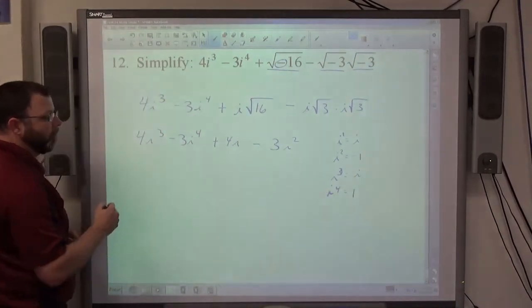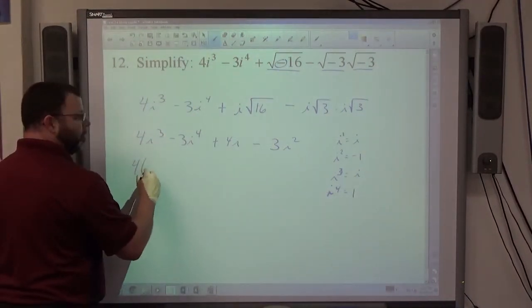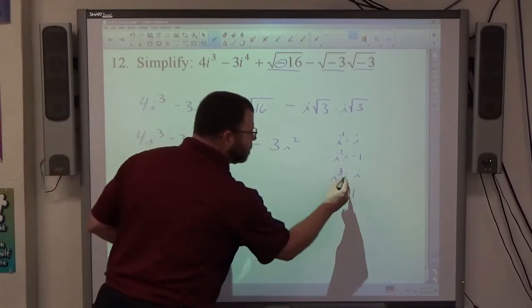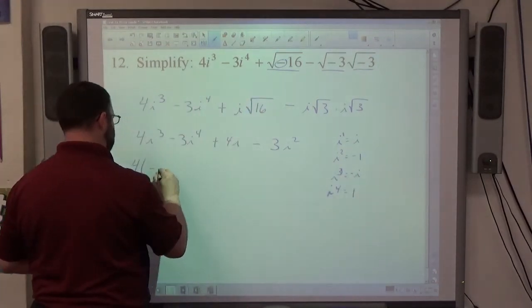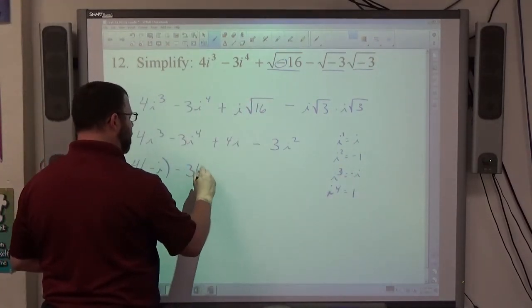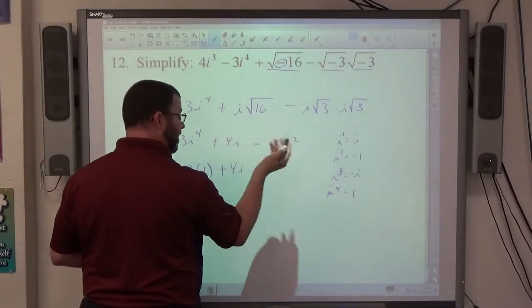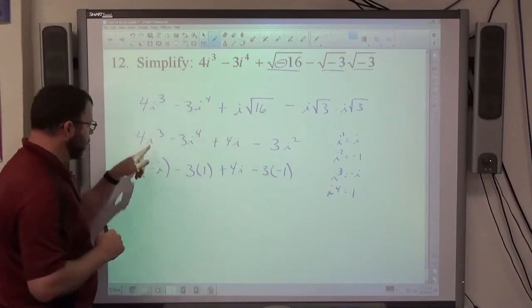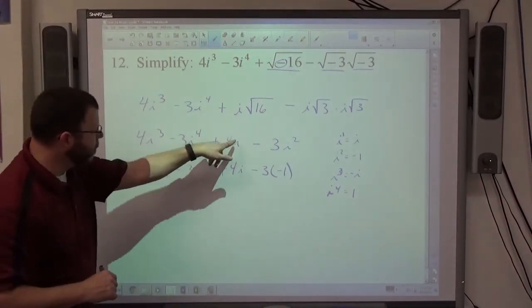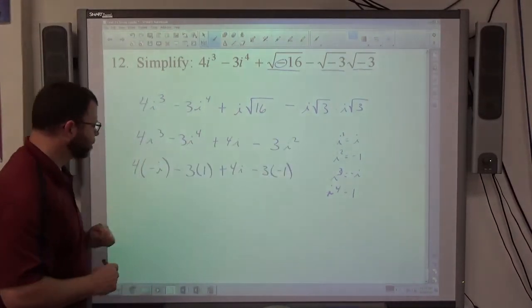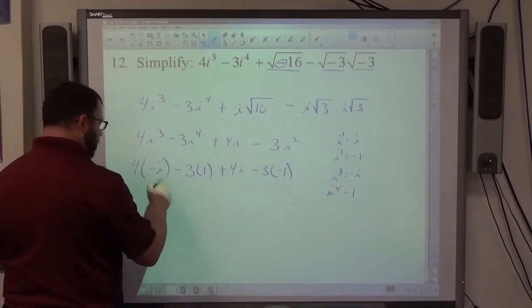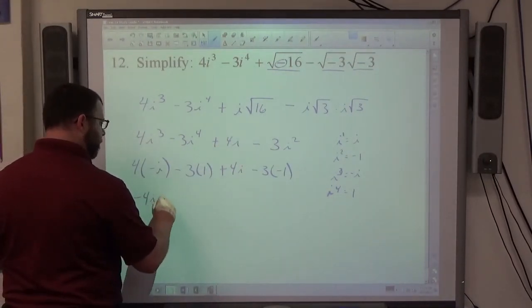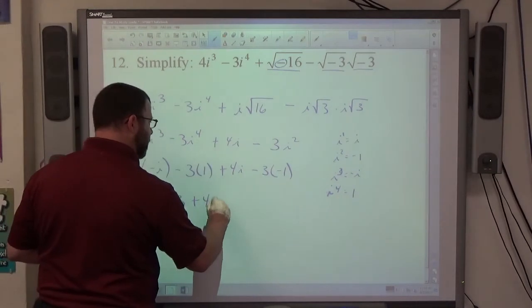So if I change all these to what they actually are, i cubed is negative i, i to the fourth is positive 1, i to the first is i, and 3i squared, i squared is negative 1. So, negative i, positive 1, i, negative 1. And if I simplify those, I get negative 4i minus 3 plus 4i plus 3.